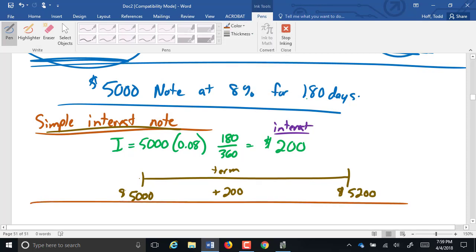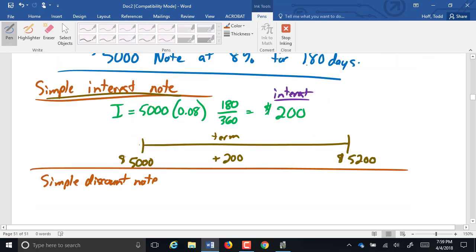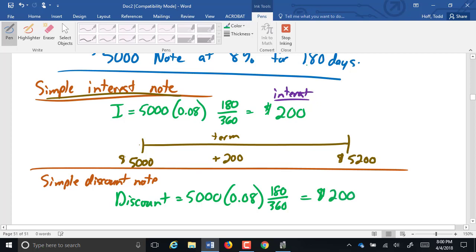If that were, instead of a simple interest note, a simple discount note, we wouldn't be calculating the interest, we would be calculating the discount. Guess how we calculate the discount? Exactly the same as we calculate the interest, PRT.